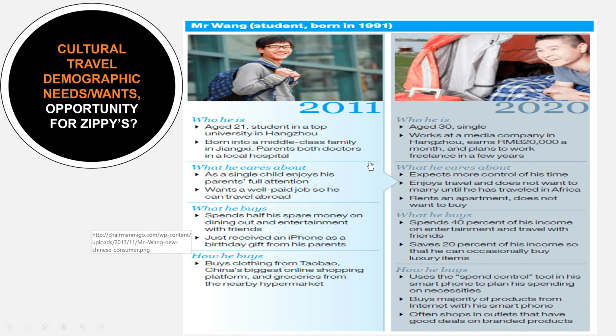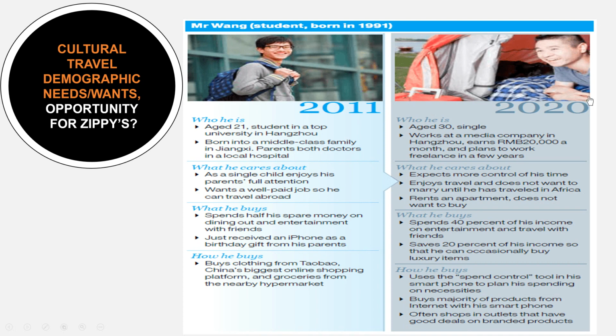In 2011, we had a lot of younger students. They would come here. They didn't have a lot of money to spend. They were mostly spending things in their own country, so it was more of an experience. But in 2020, let's take a look at who's coming and how they're coming and what do they want.